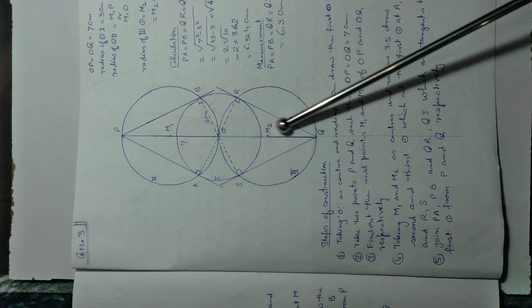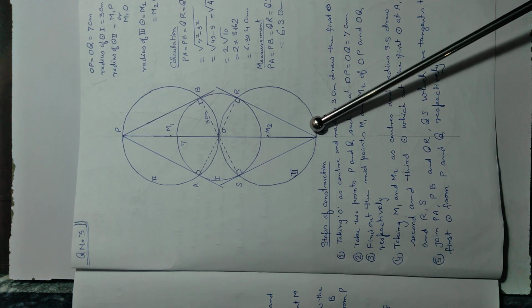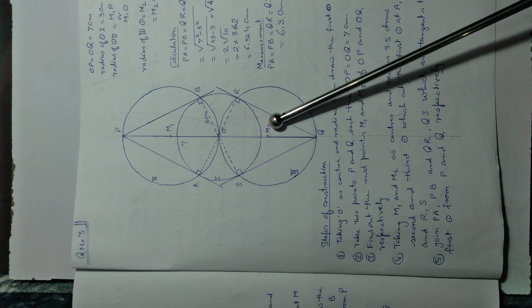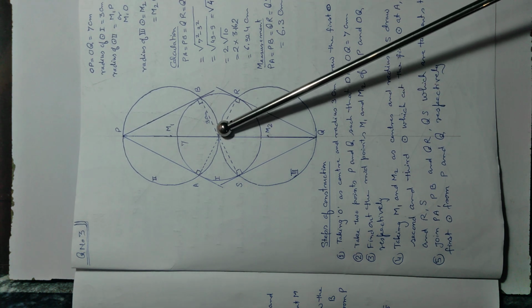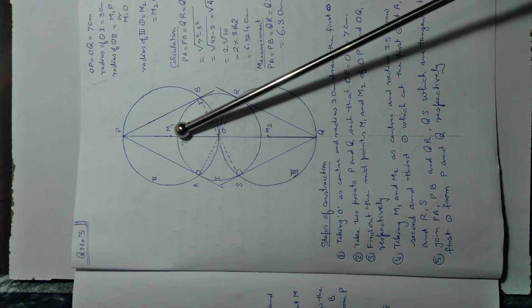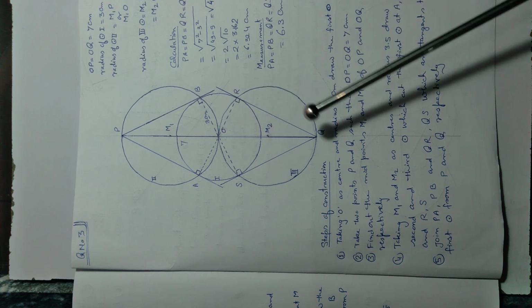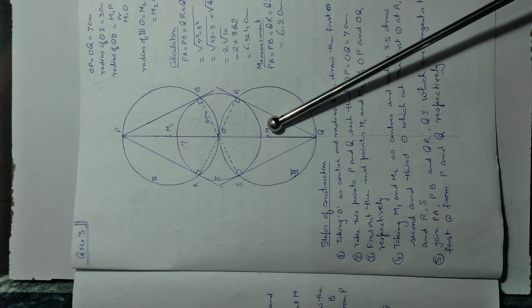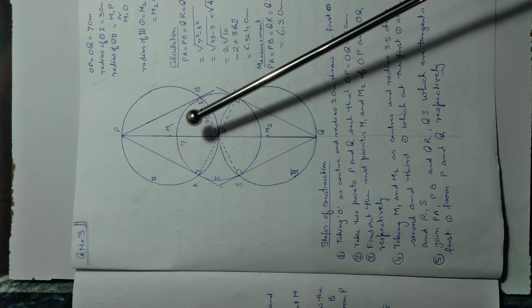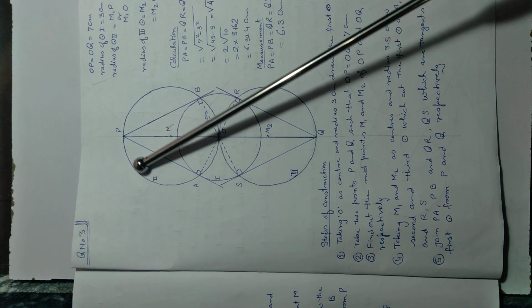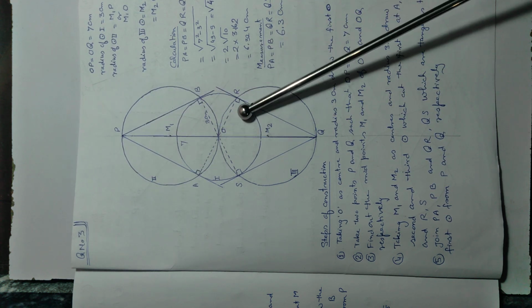OP and OQ both are equidistant from the center O. Taking the midpoint of OP, that is M1, taking the midpoint of OQ, that is M2, and radius equal to M1P, draw a circle, second circle.